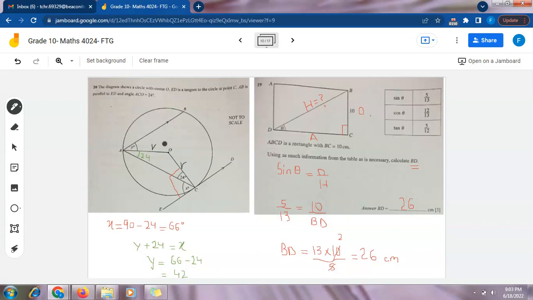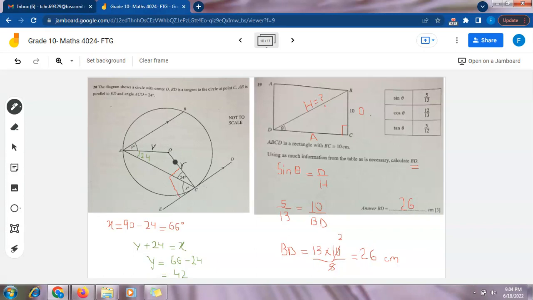So we will be using the alternate angle concept and the isosceles triangle concept. There are multiple concepts that can be used to find the value of these two variables, but we will go for the simplest solution. The first thing is that OC is the radius and ED is a tangent.